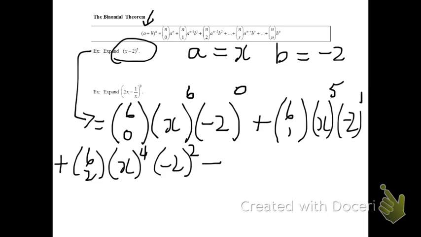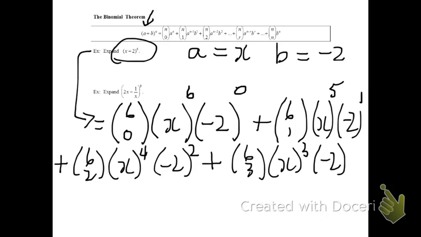Okay, 6 choose 3, x to the power of 3, and I can hear you saying, why do these brackets matter? And they absolutely do, so keep them in.